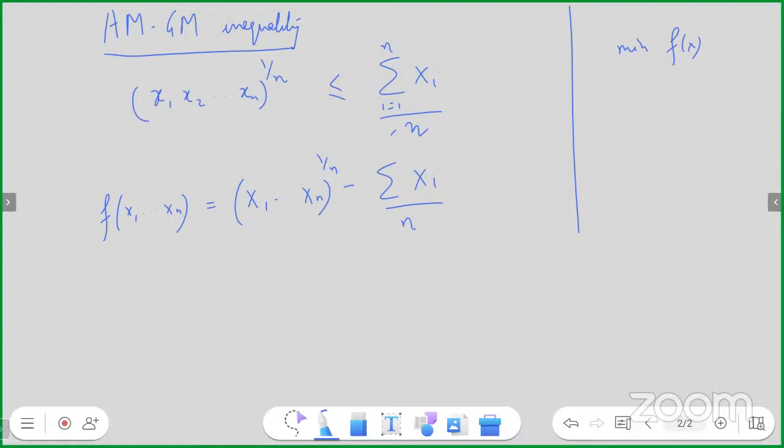You can transform these exercises into something more useful. But what do we know for a function to achieve its minimum?